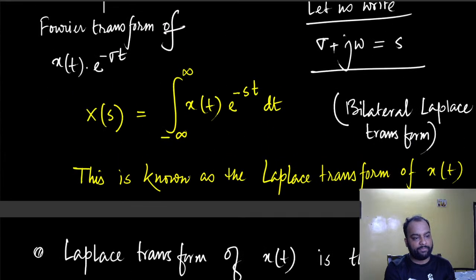Tell me if you don't understand something here. We did not just randomly replace j omega with s, right? That did not happen. This is how we derive the expression for Laplace transform. I personally like to derive everything, so if you have any query, feel free to ask at this point.